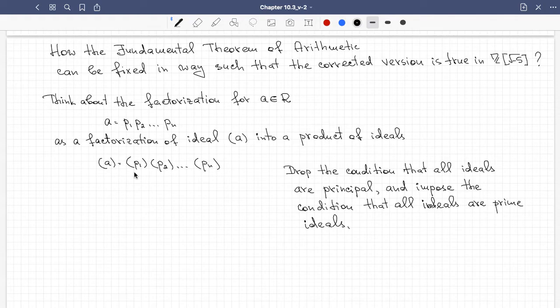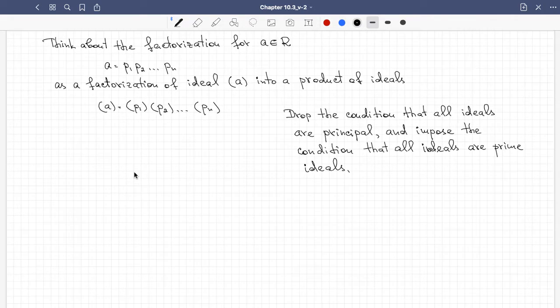Definition of product of ideals is as follows.